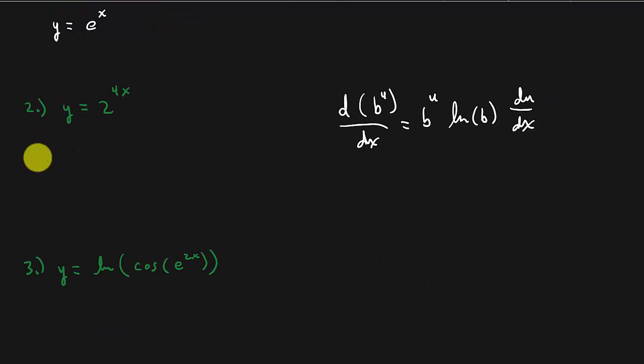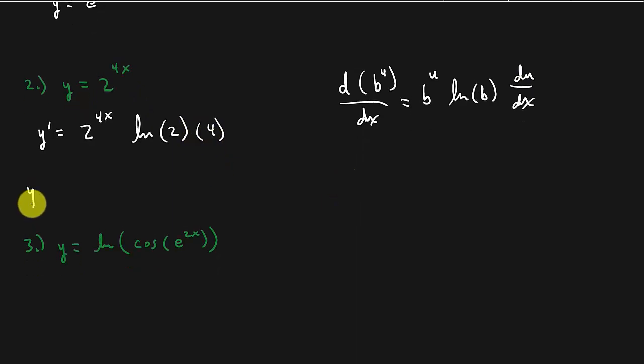So y prime is 2 to the 4x times the natural log of the base, and the base here is 2, times the derivative of the exponent. So the derivative of 4x is 4.